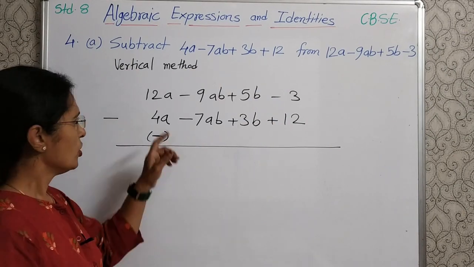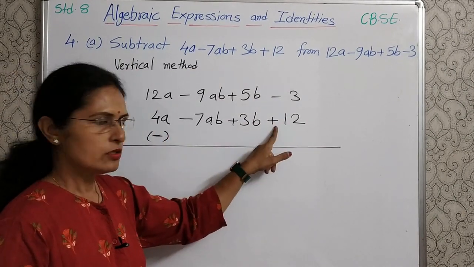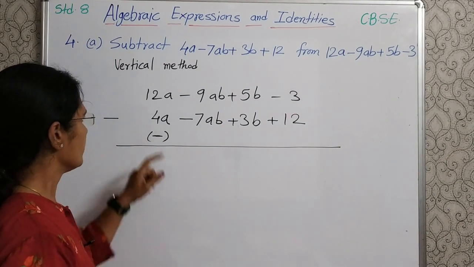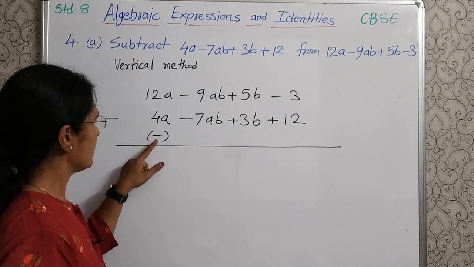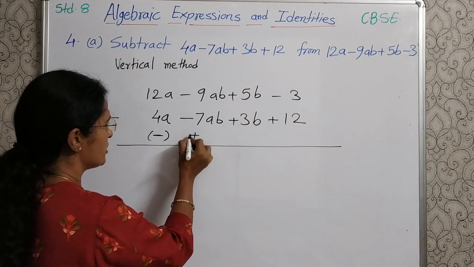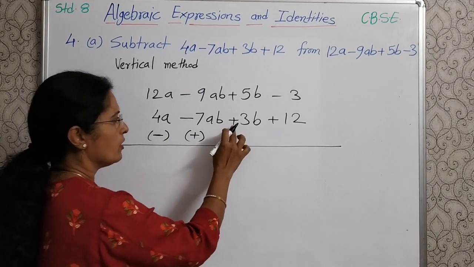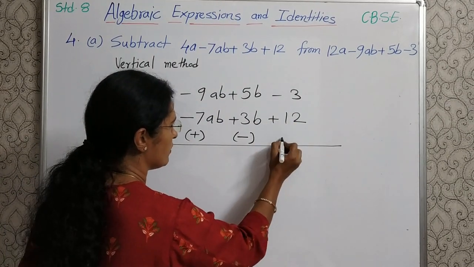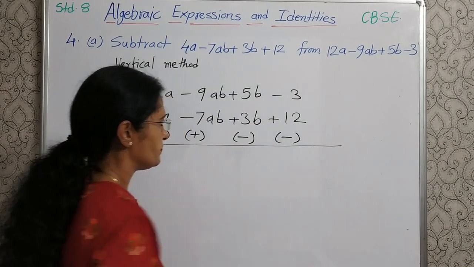It means you change all the signs of each and every term from the second expression. So positive 4a will become negative 4a, negative 7ab will become positive 7ab, plus 3b will become negative 3b, plus 12 will become negative 12.